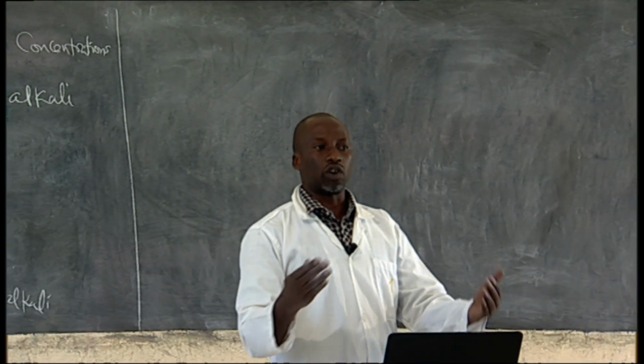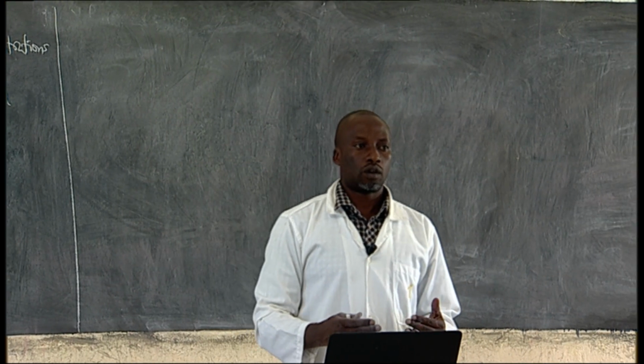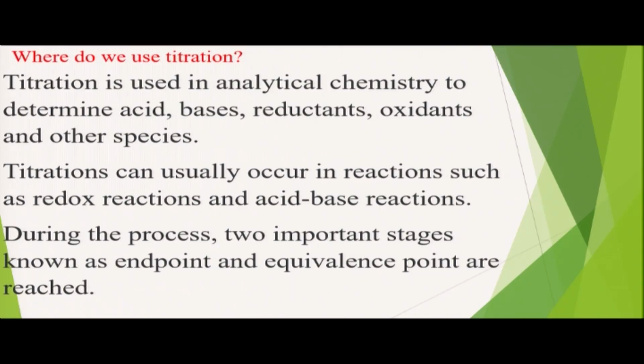The titration reactions I've just mentioned are used in analytical chemistry to determine acid-base reactions or reductants, oxidation, and other species. It can also occur in reactions such as redox reactions. We look at these reactions at a later stage.